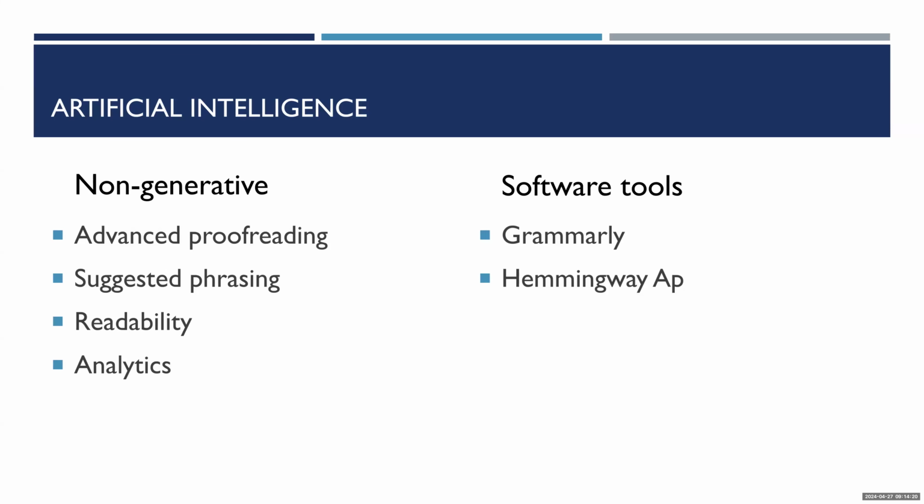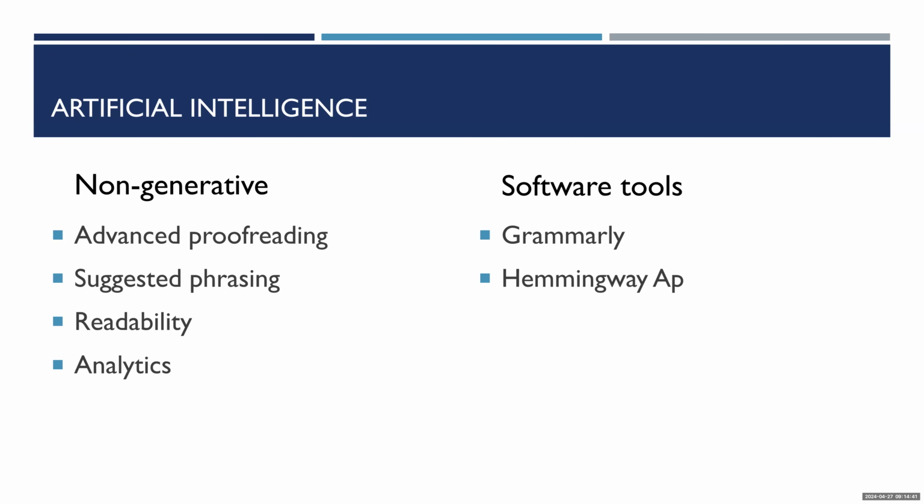Now, when we think about tools for writing, more and more you may be hearing about artificial intelligence with respect to writing. And there's really two forms of artificial intelligence that are used in conjunction with writing. And we're going to divide them up by non-generative and generative AI.